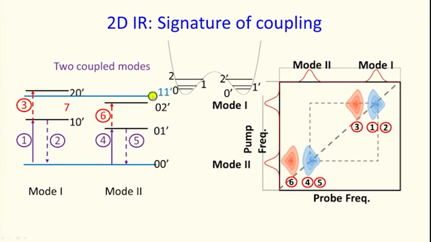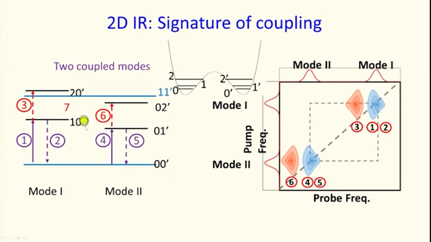So you cannot go from 0 0 dash to 1 1 dash, but one can go from 1 0 dash to 1 1 dash, right, because 1 0 dash to 1 1 dash means already the first oscillator is in the V equal to 1 state.